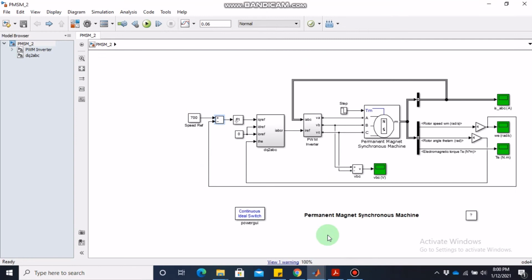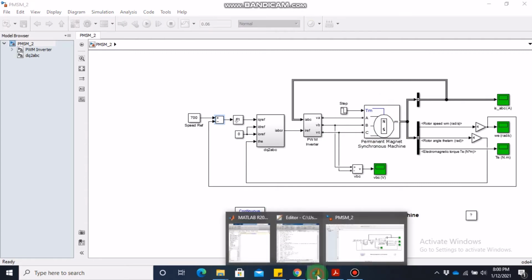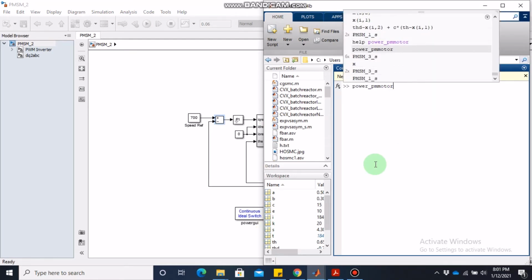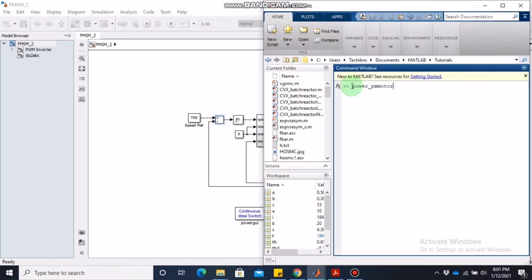So this is the feedback control of a permanent magnet synchronous machine, and I did not build this Simulink model. This is given in MATLAB. So if you want to get a hold of this model, all you have to do is type this command in your MATLAB, and MATLAB will automatically open the Simulink model of the permanent magnet synchronous machine.